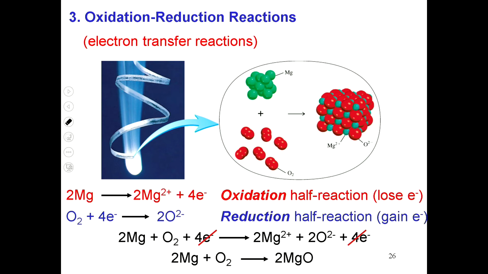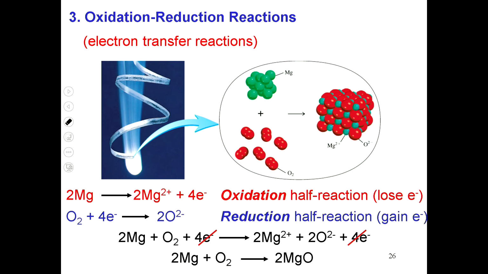For other reactions, for acid-base reactions and precipitation reactions, there are no electrons transferred between the substances. But in this reaction, the electrons are transferred between the atoms.